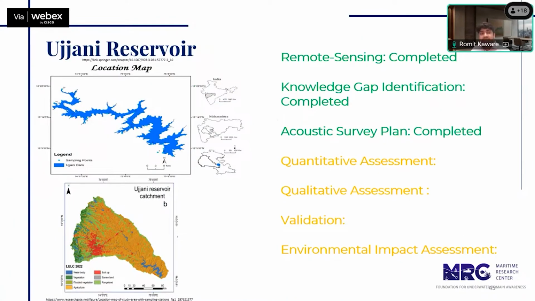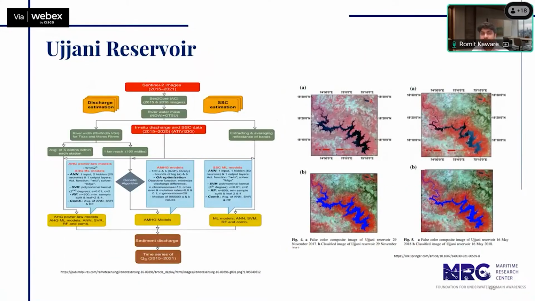A similar thing we are doing for Ujjaini Reservoir itself, but apart from the acoustic survey, we are also looking into remote sensing and a larger environmental impact assessment as well. So currently we are capturing the satellite imagery for the Ujjaini Reservoir, and we have also created a plan for the acoustic sediment classification for the Ujjaini Reservoir itself.